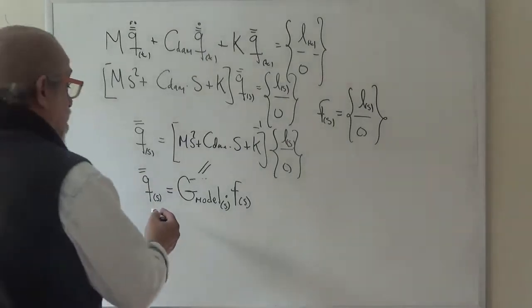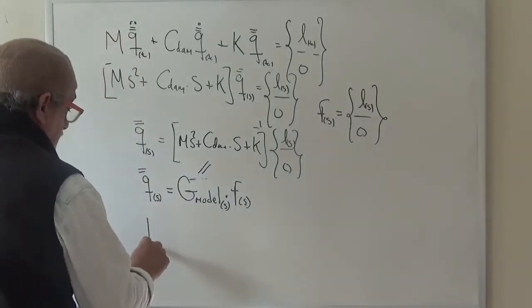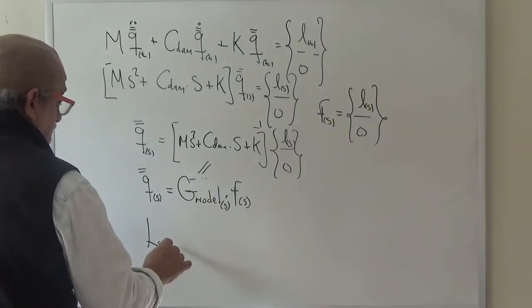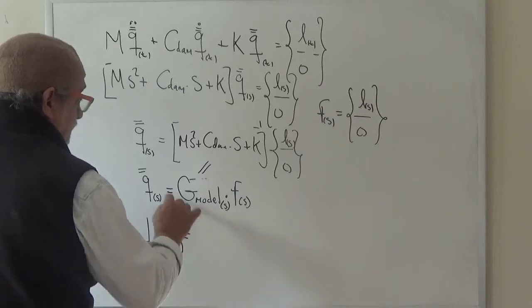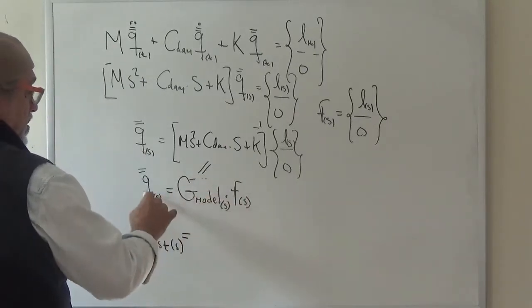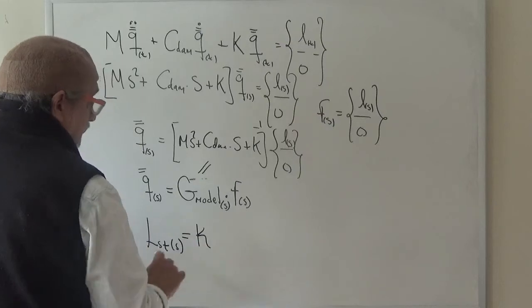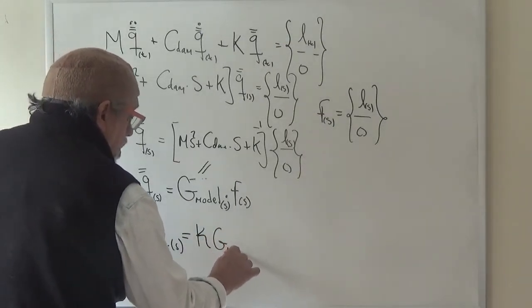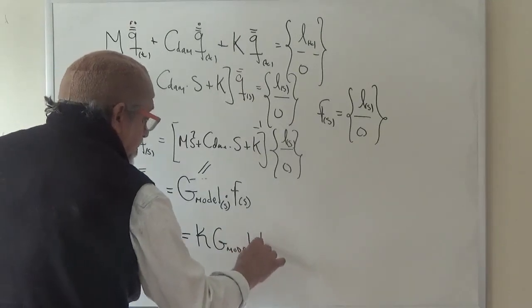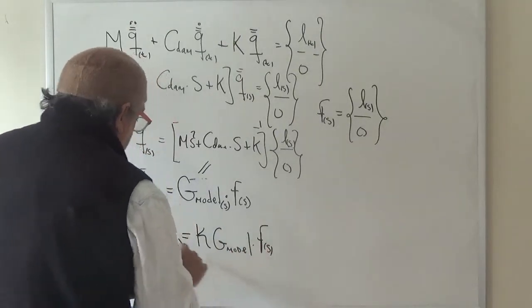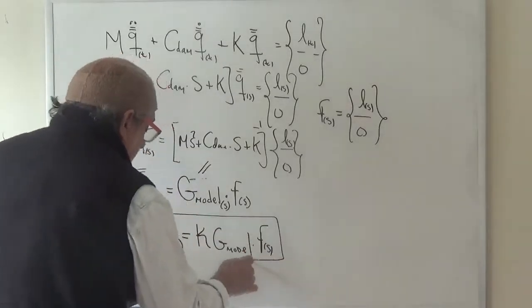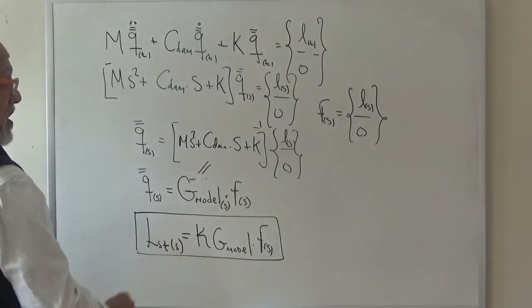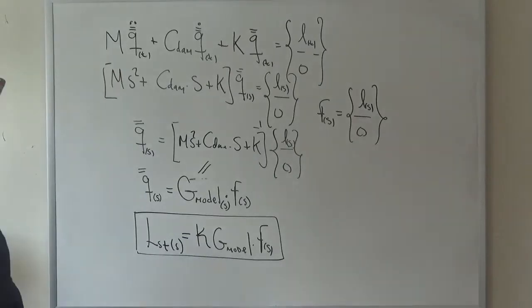But we can convert this to loads conveniently by simply multiplying this deformation field times the stiffness matrix in the undamaged case. So we get K times G of the model times F(s), and we can say that the loads L(s,t), which are a function of s, when applied to the structure will produce the desired zero stresses in the regions that we are looking for.